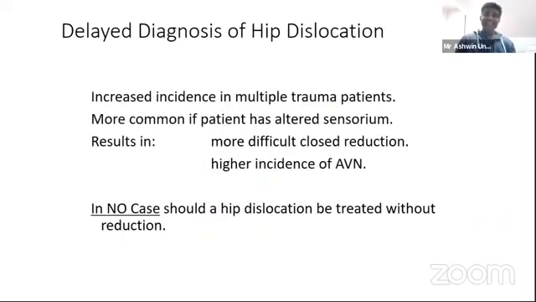Now, delayed diagnosis. In my 20 years of experience I have probably had maybe 1 or 2, and that too not really delayed, maybe 3 weeks, because they were ITU admissions and were intubated.